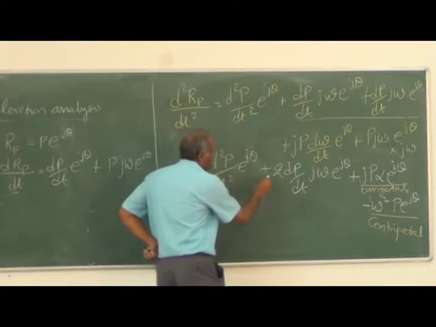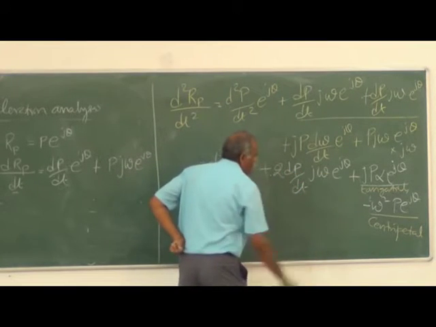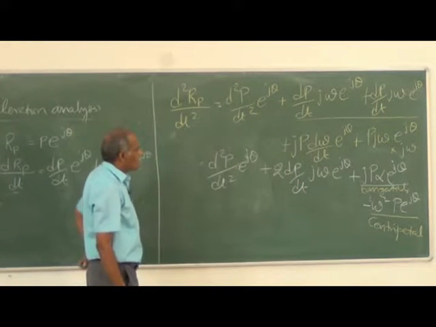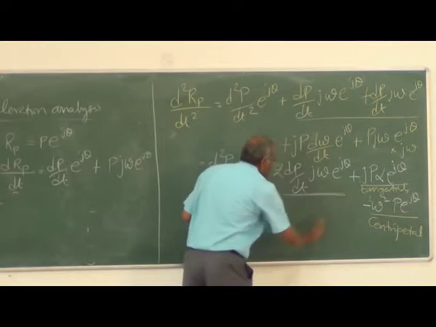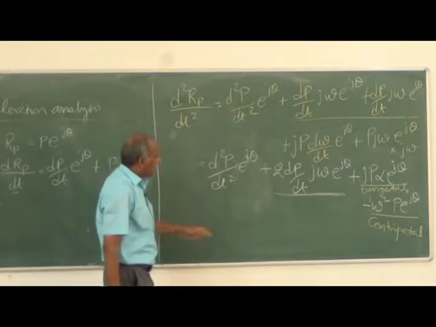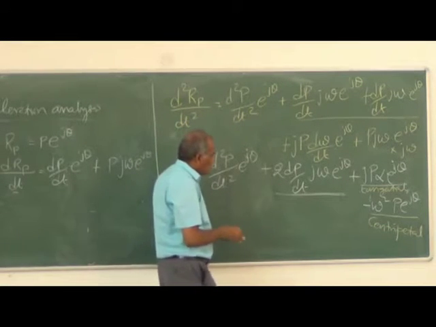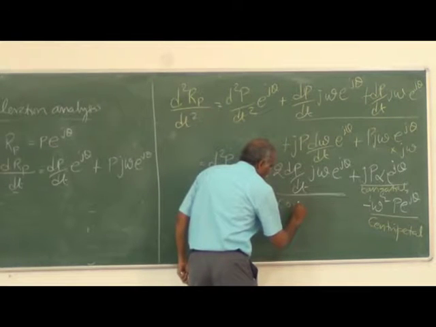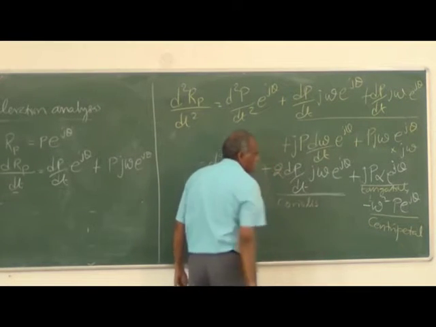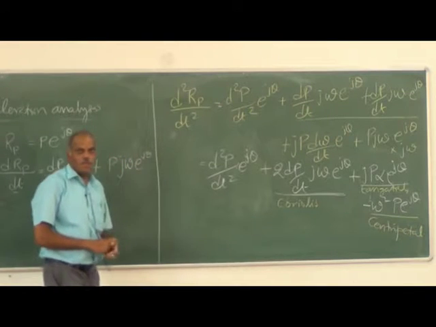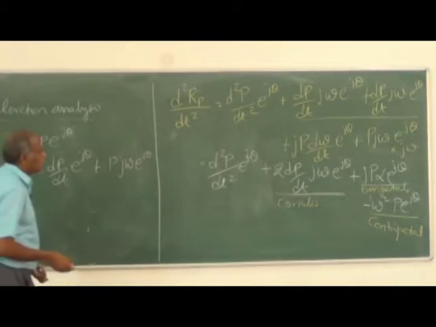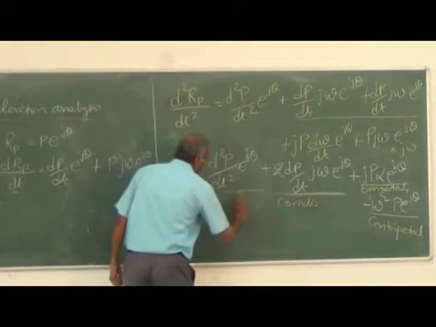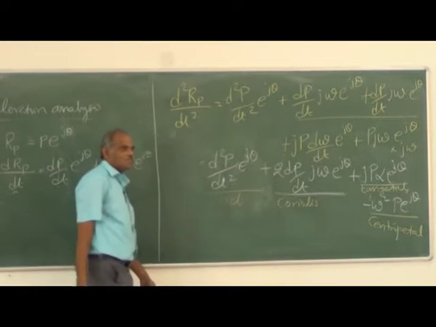This term, 2 dp by dt j omega e power j theta, is called the Coriolis acceleration, named after the inventor of that particular acceleration component, Coriolis. Then this is your relative acceleration.